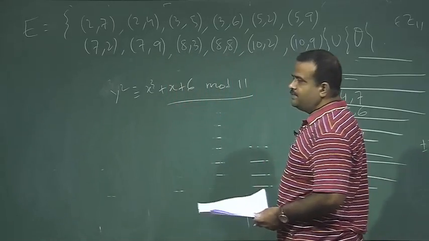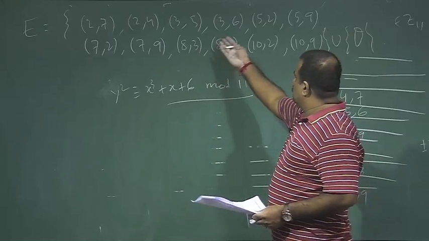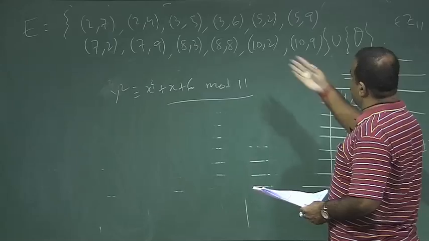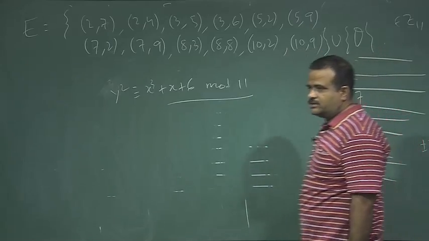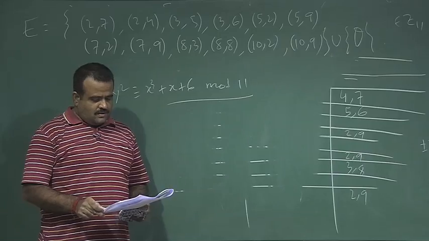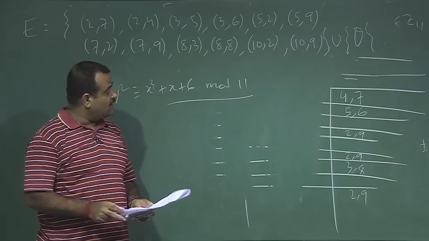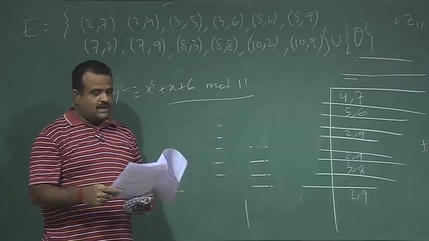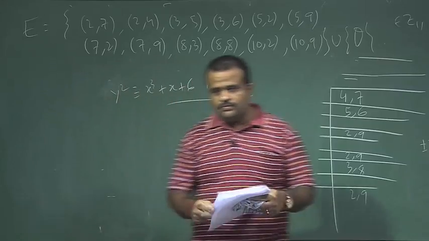There are a total of 13 points, 12 plus 1, 13 points on this curve. So, these are the elliptic curve points over Z p, over Z 11.